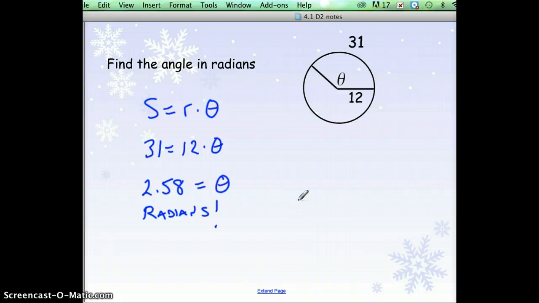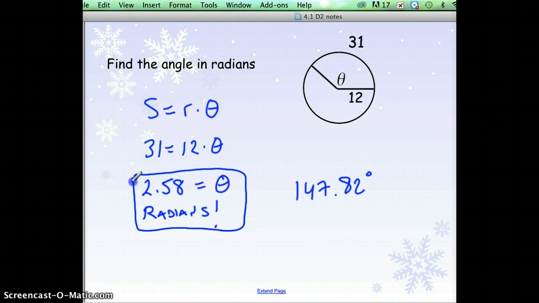Let's see. 2.58 radians, multiply by 180 over pi, which is 147.82 degrees. But you just leave your answer in radians. The main thing I just want you to know is that when you get that theta, it is in radians.